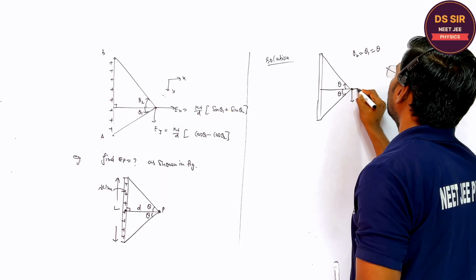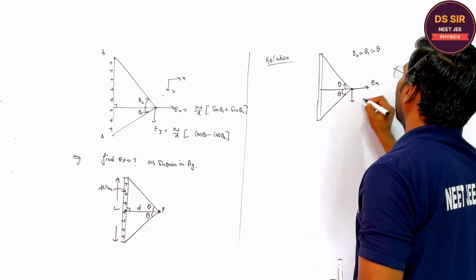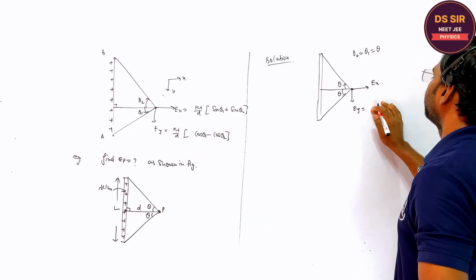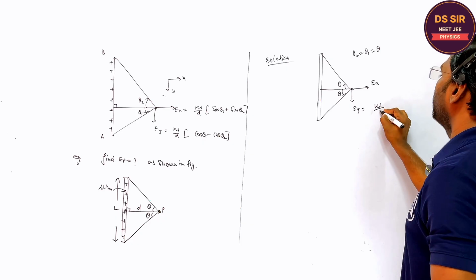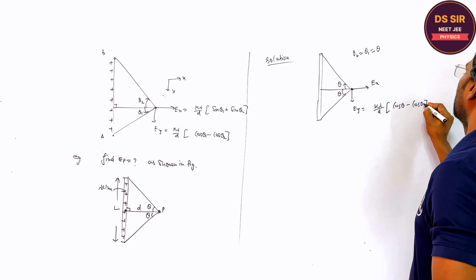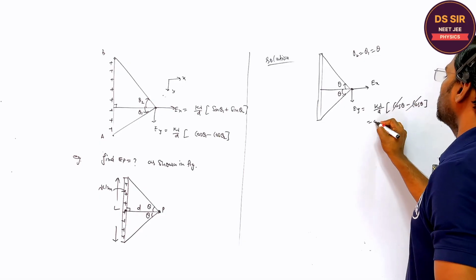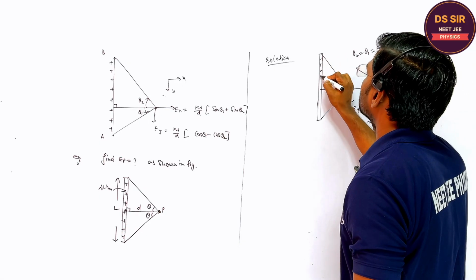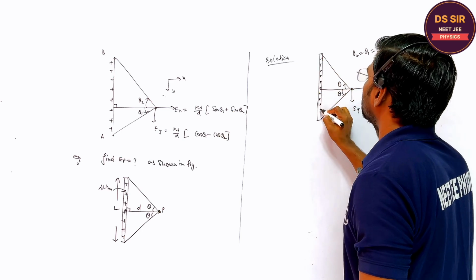So if you consider this is the Ex and this is the Ey, the Ey is k lambda upon d (cos theta minus cos theta). So there is no y component in this direction because of this positive charge. Is it clear or not?